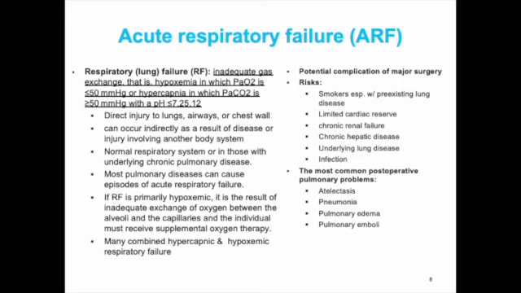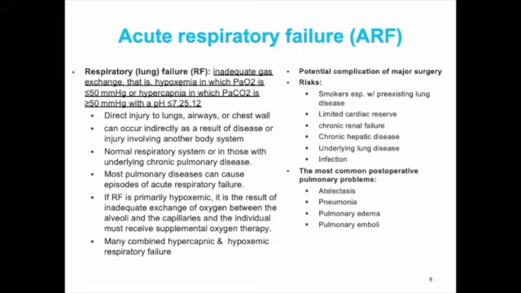But it can also happen to patients with underlying chronic pulmonary disease. Now, most of the pulmonary diseases can cause episodes of acute respiratory failure. So respiratory failure itself is not a disease, but can be caused by these underlying disease processes.